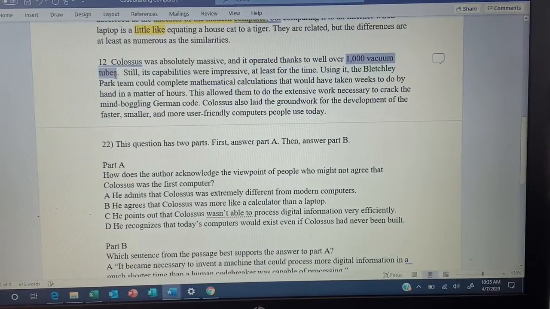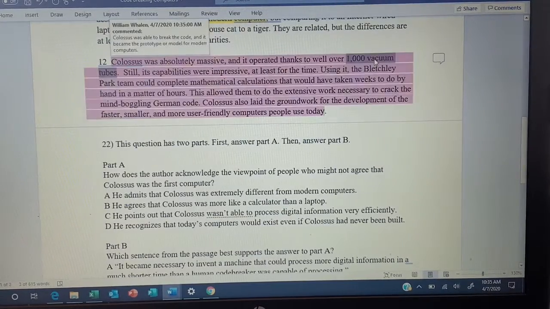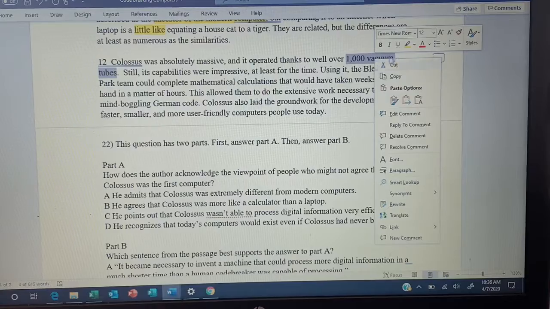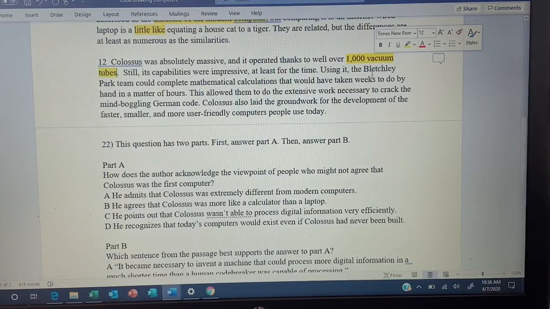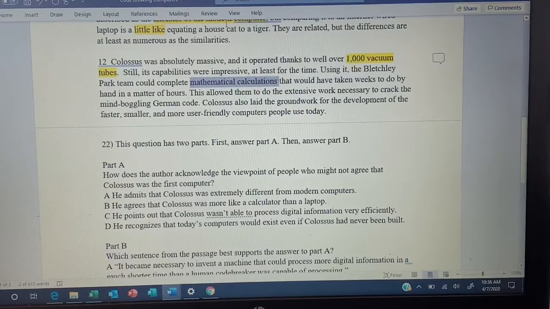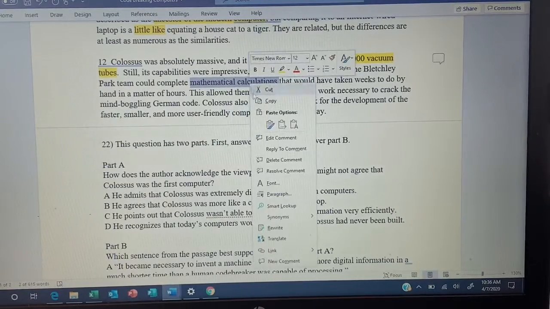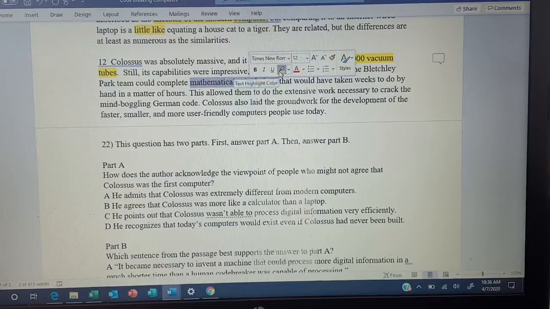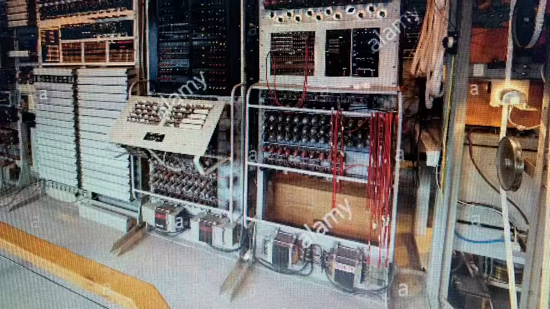I mean, can you imagine? We have these little computers that are all packed into our iPhones and our Androids, can do all kinds of stuff. This computer that was just able to solve mathematical calculations, it took 1,000 tubes in order to operate it. So I can imagine this thing was pretty huge.